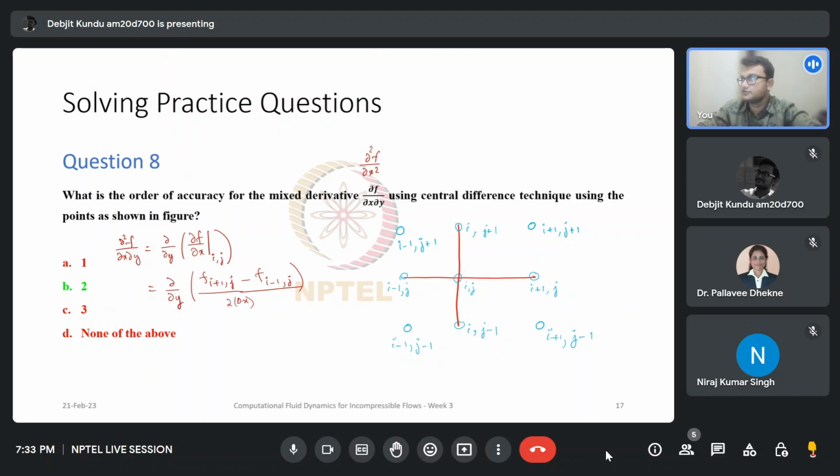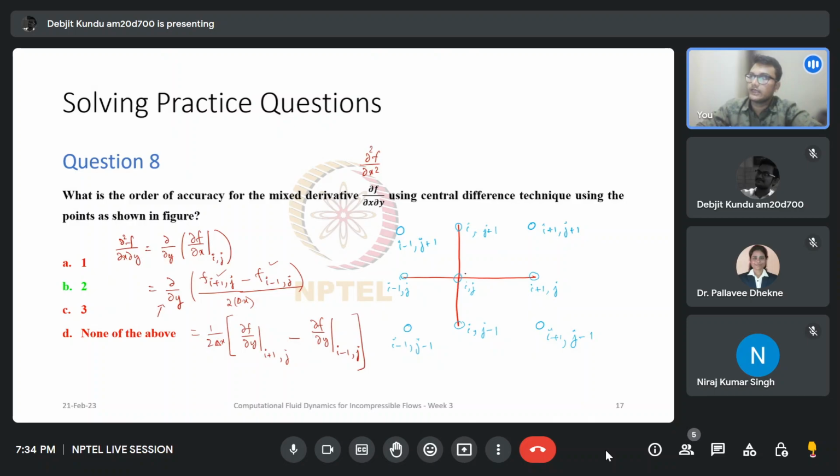I'll take this 2 delta x out, and now I'll operate this ∂/∂y on each of these. So what I have here is essentially ∂f/∂y at i plus 1, j and ∂f/∂y at i minus 1, j.